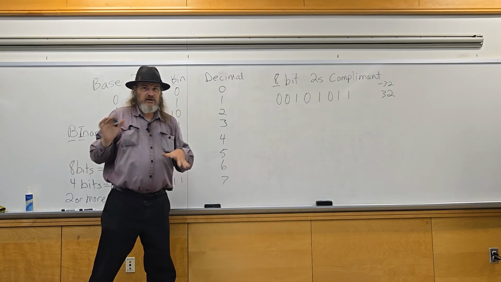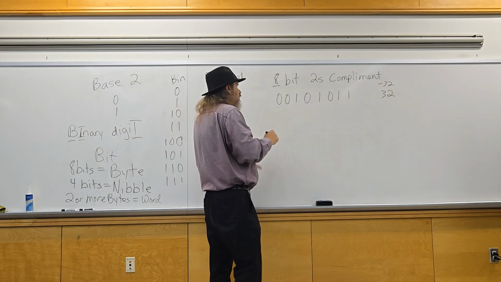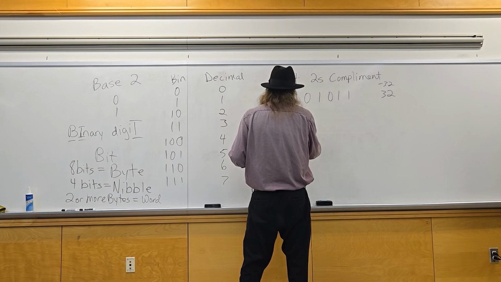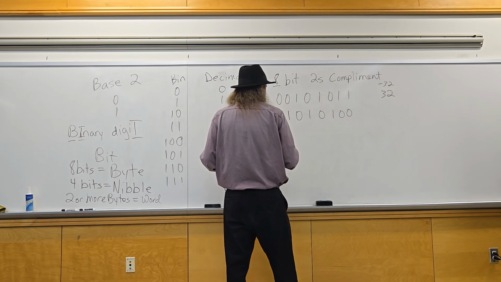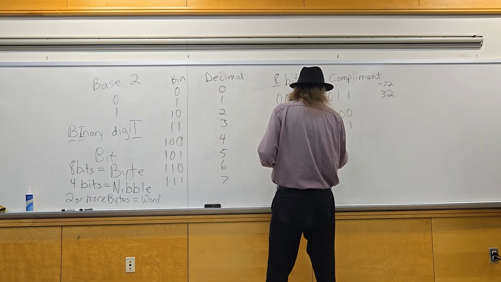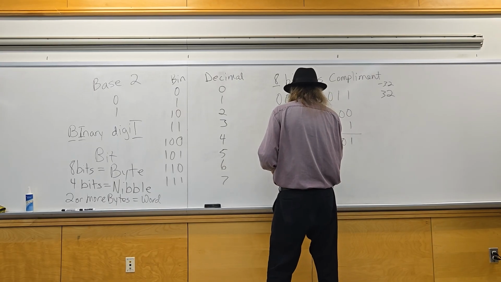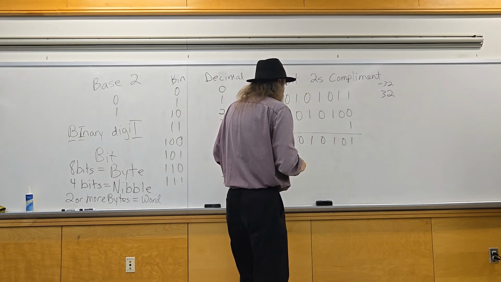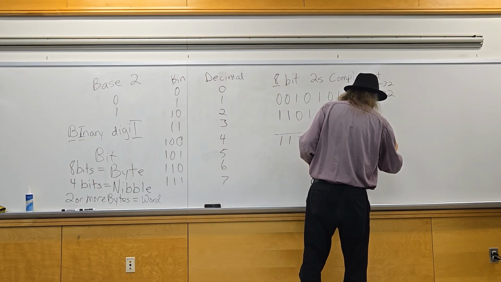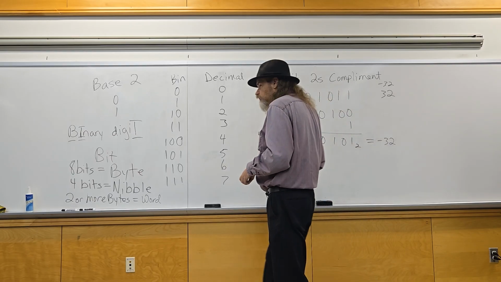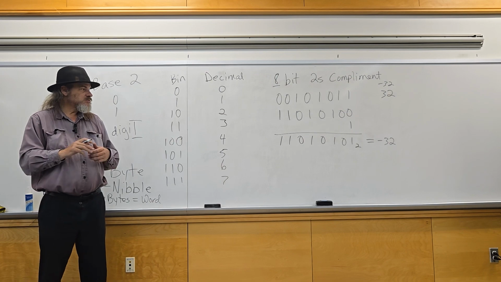Then you do the manipulation. You flip the bits, then you add 1 to it. And that is negative 32. Okay?